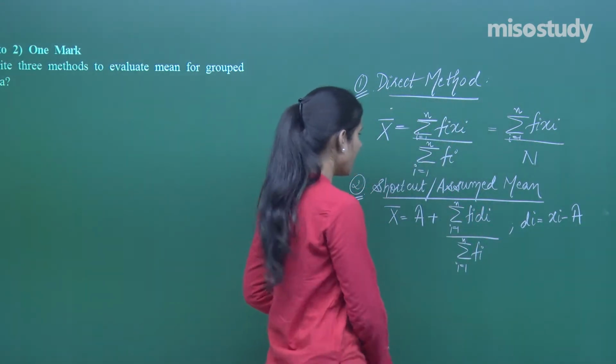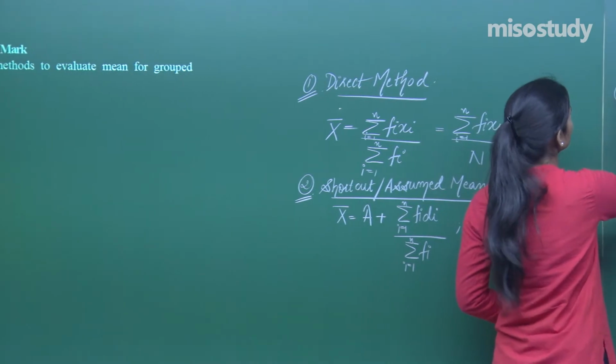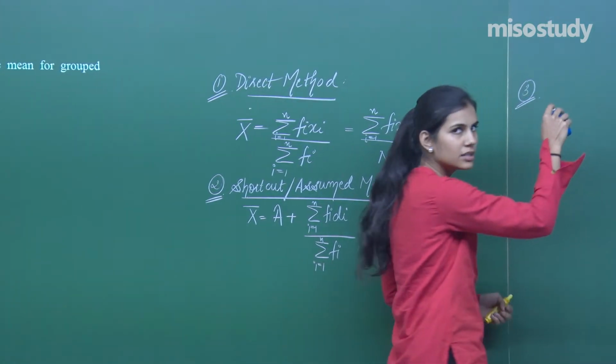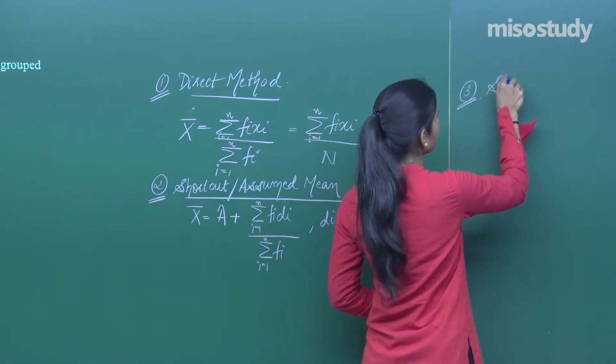Cool? And then there is this third method, which is your what? The step deviation method.